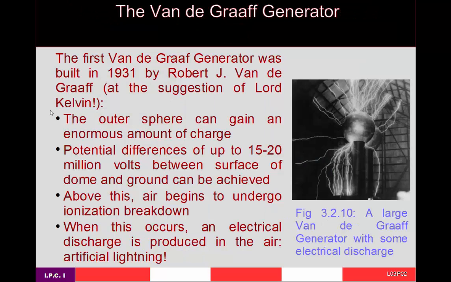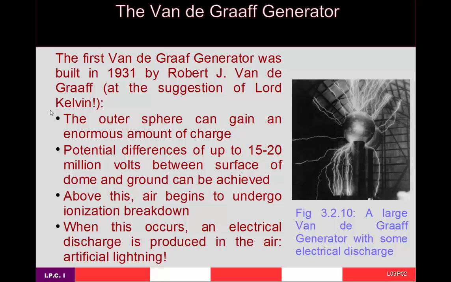Another interesting application of electrostatics is what's called the Van de Graaff generator. We've had these for quite a while now. The first one was built in 1931 by Robert J. van de Graaff, hence the name. And of all things, it was suggested by Lord Kelvin.